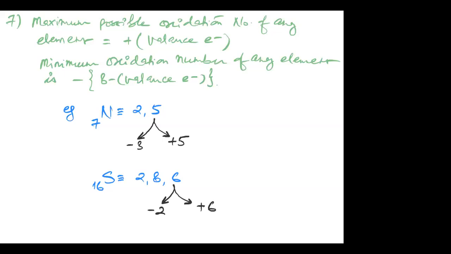So nitrogen can vary from -3 to +5, and sulfur from -2 to +6.